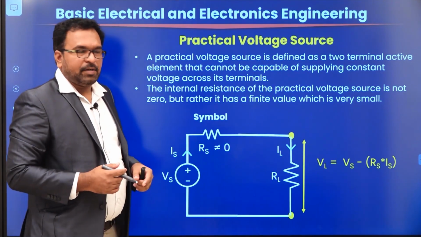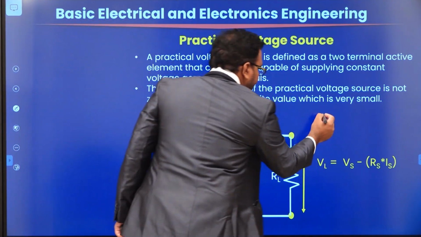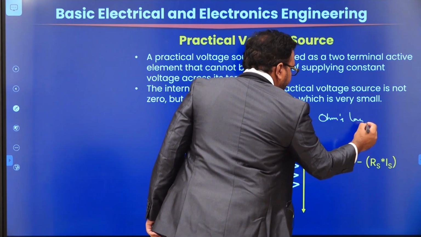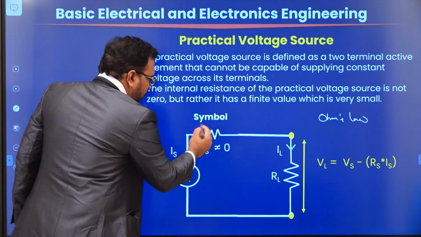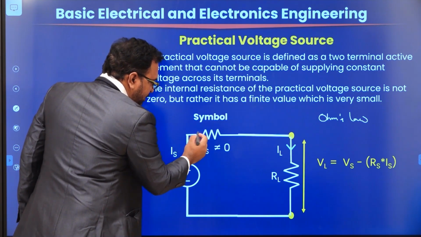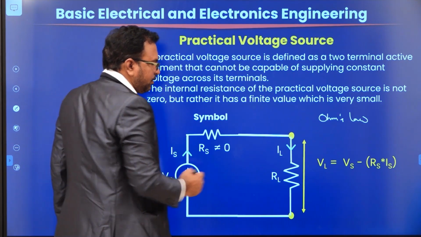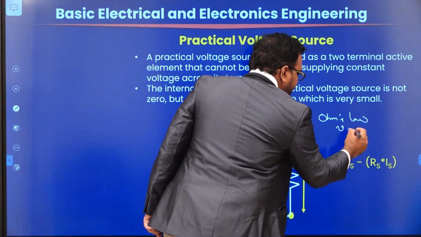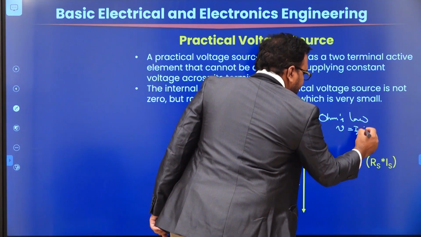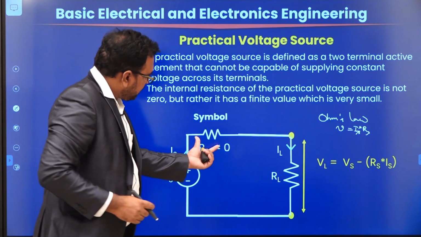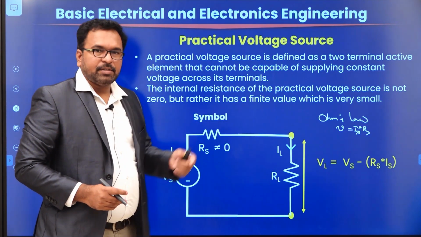What is the value of that voltage? From Ohm's law, what is the current flowing through the resistor? Is is the current flowing through the resistor. And what is the value of the resistance? Rs. Therefore, the voltage across the internal resistance is Is into Rs.